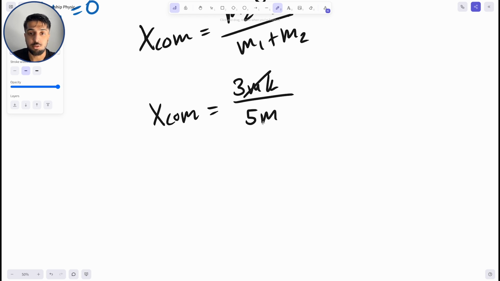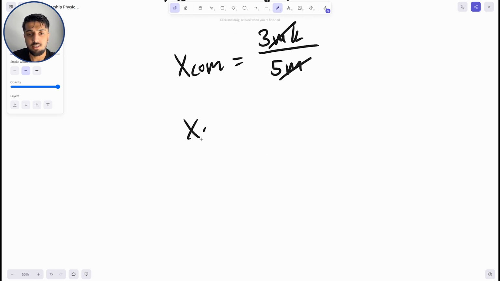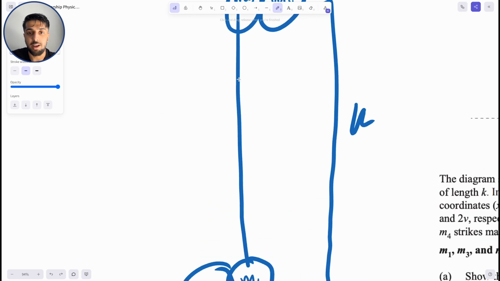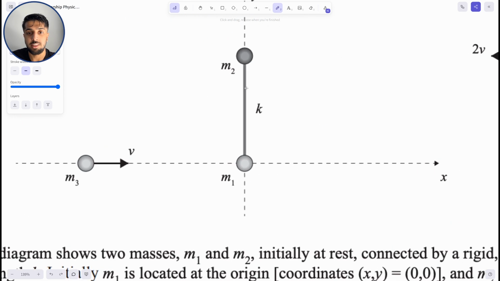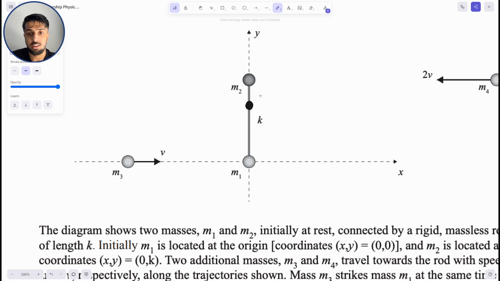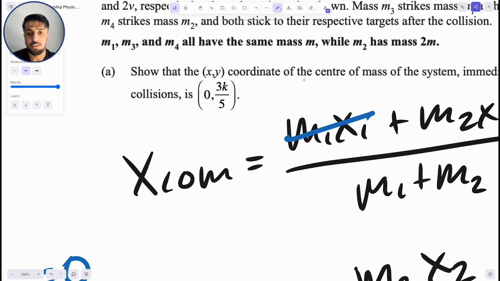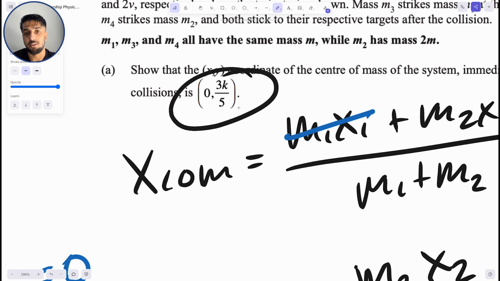As you can see, the m's will cancel out, and this gives us a center of mass of 3k all over 5. Therefore, the center of mass will be somewhere over here. Now if we look at this point on our diagram, that will be somewhere over here. As you can see, in the x direction, this is still 0, but in the y direction, this is our 3k over 5. Now, as you can see, this is the coordinate that we're trying to find.